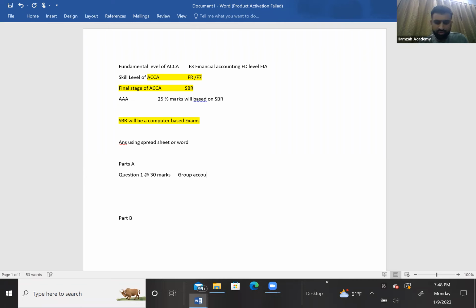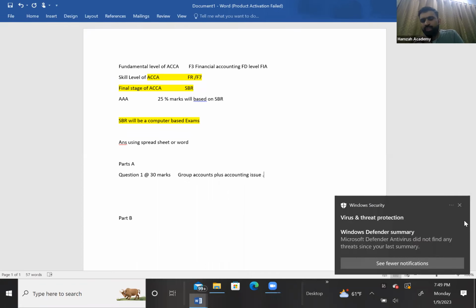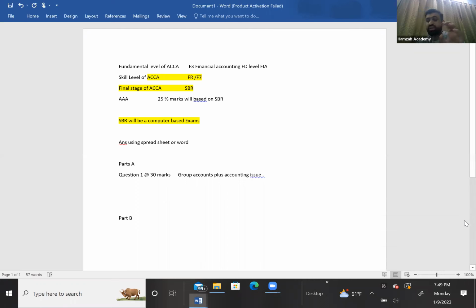group accounts plus accounting issue. Accounting issue means the accounting standards other than the group accounts, consolidated financial statements. So the first question will be on group accounts plus accounting issue.